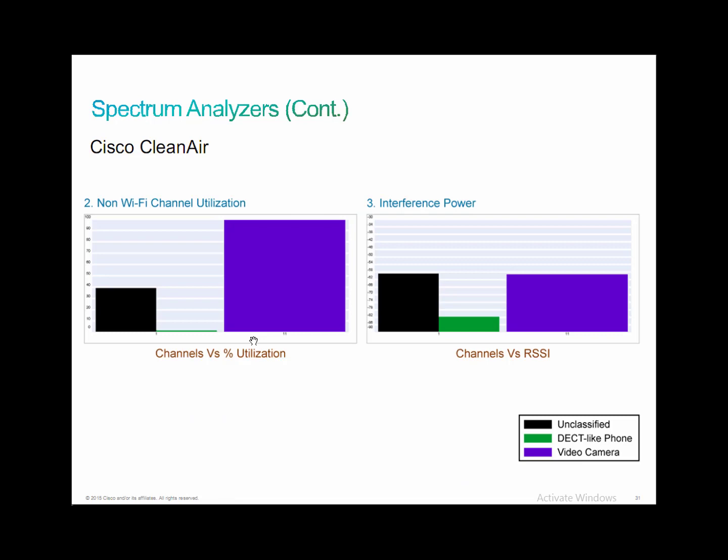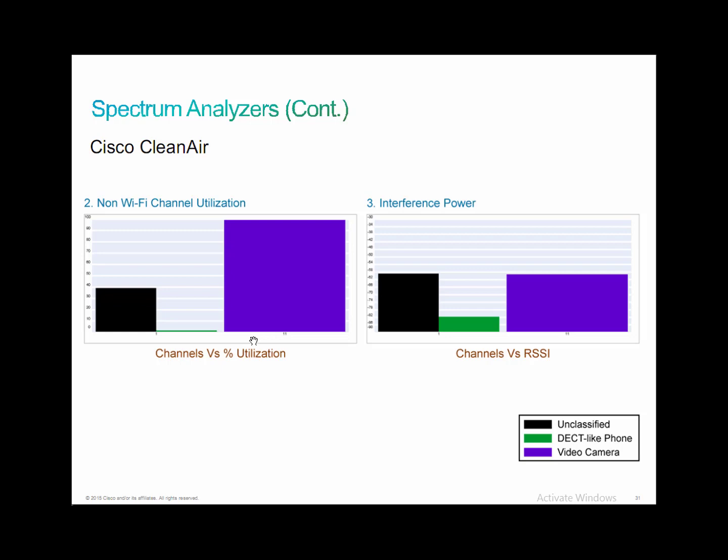Clean Air can be enabled on the controller or in converged access mode on WCM to scan the RF space automatically. It also has the ability to identify RF interferers, but it can also indicate which APs have reported that particular problem so that we can maybe identify the location of that interferer in the network.